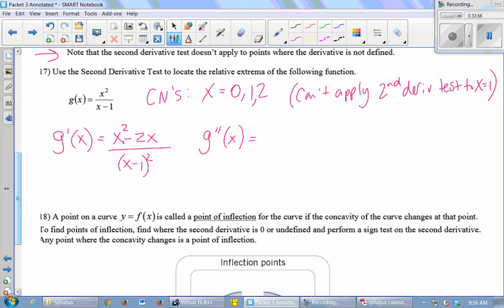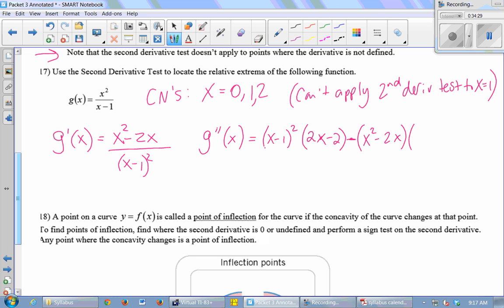So we're going to use the quotient rule again, and we've got the denominator times the derivative of the numerator, which would be 2x minus 2, minus the numerator times the derivative of the denominator.